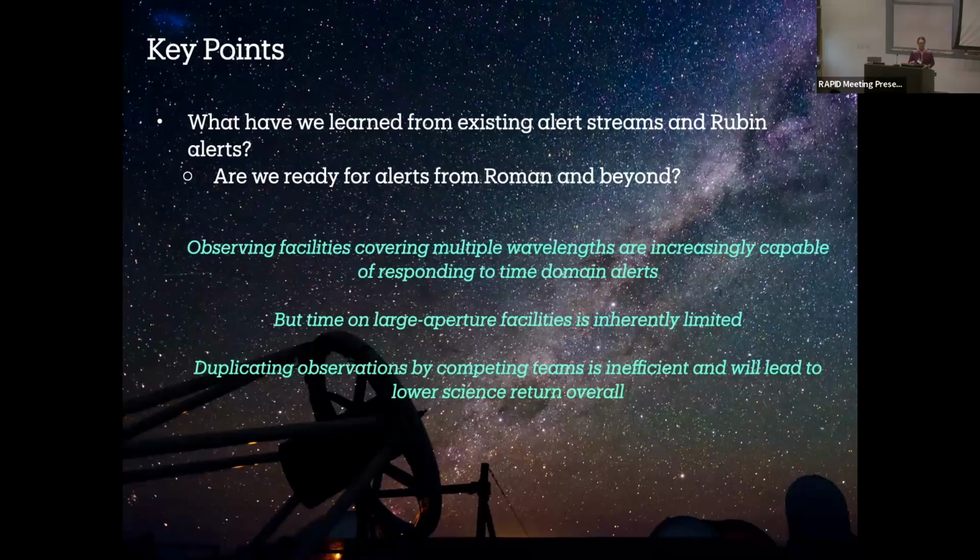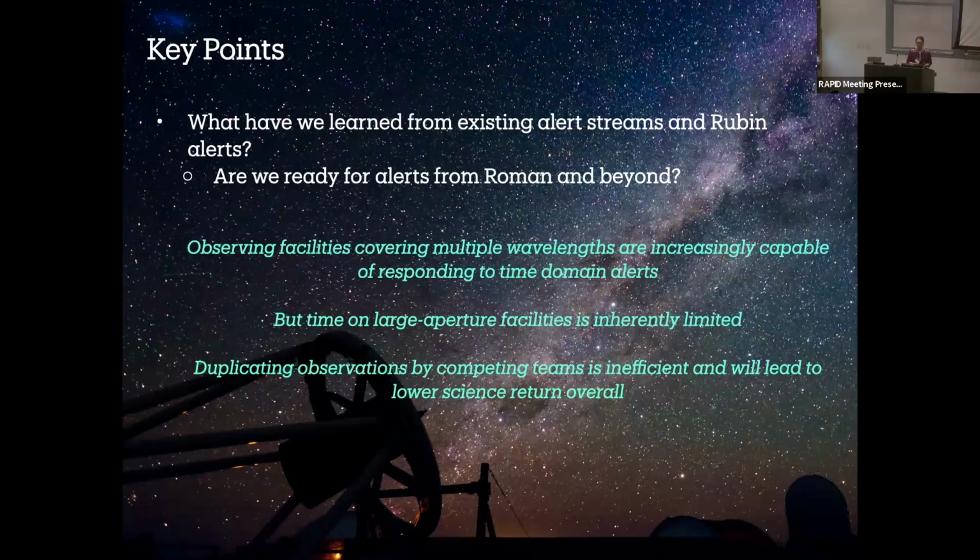The meeting organizers asked us to talk about a number of key points, so let me deal with those. In terms of what we've learned from the existing alert streams, I think observatories are covering multiple wavelengths now, and they are becoming much more responsive to time-domain alerts. But the amount of time available on large facilities is inherently finite.